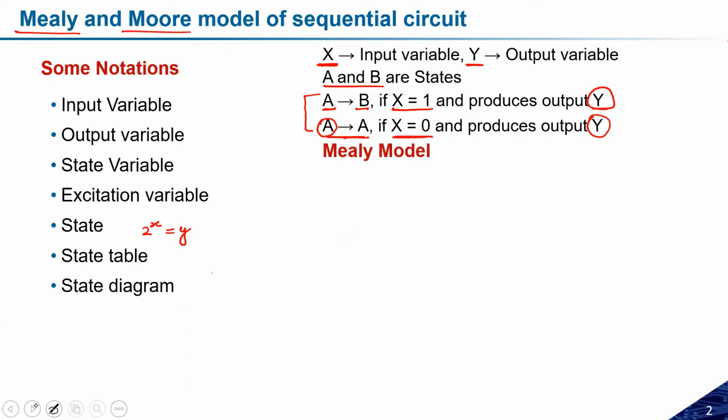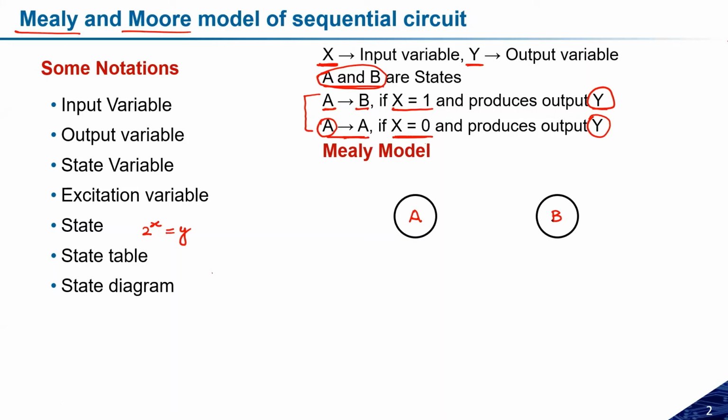Let us consider them one by one. If I'm considering the Mealy model, how can it be represented? A and B are two different states here, so I can have one state A and the second state B. Now, how to represent this in the Mealy model?